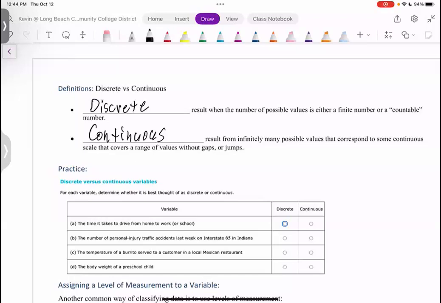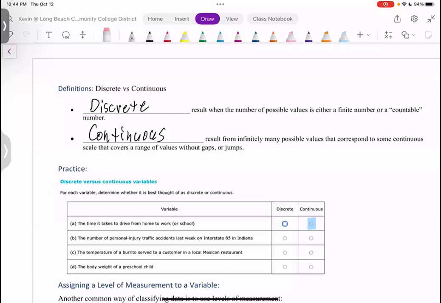All right, so let's go through some examples here. Part A, the time it takes to drive from home to work or school. That is definitely going to be continuous. The number of personal injury traffic accidents last week on Interstate 65 in Indiana.